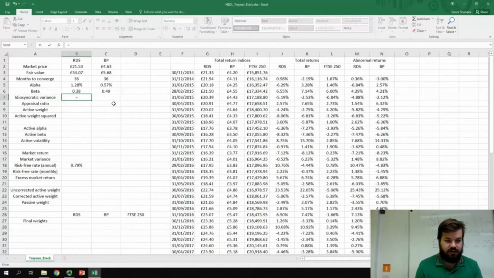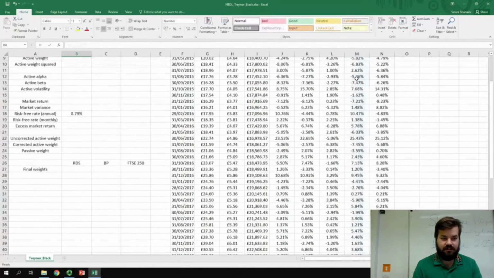So to calculate idiosyncratic variance, we need to apply the sample variance formula, VAR.S, to the area of abnormal returns of each of the stocks.